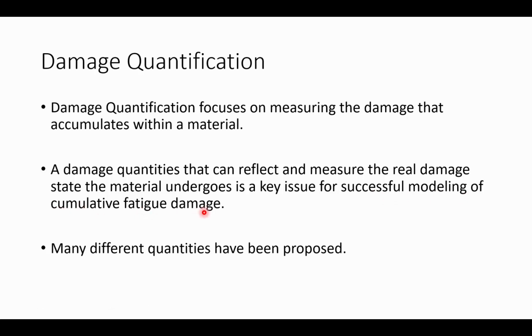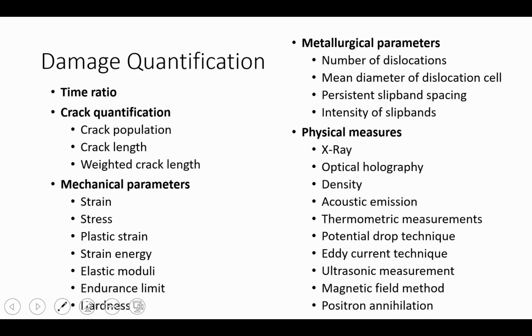Luckily for us, many different damage quantities have been proposed in the literature and by different companies and scientists. Some of the damage quantities that have been used and are continuing to be used are simple things like time ratios, crack quantities such as crack population, crack length, or weighted crack lengths, mechanical properties such as strain, stress, plastic strain, strain energy, elastic moduli, endurance limit, and hardness.